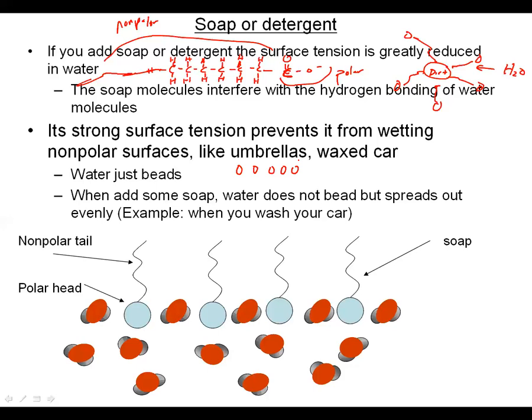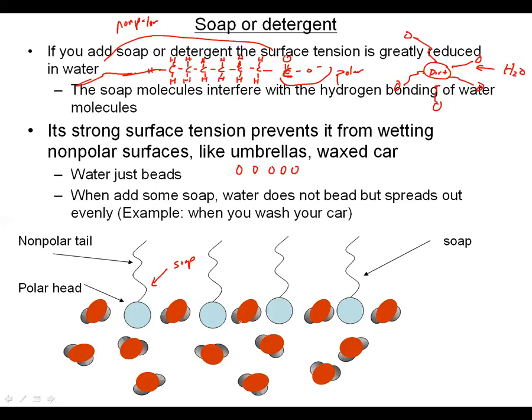As this picture shows, these are the soap molecules. The soap molecules get in the way of all those water molecules and their ability to hydrogen bond with each other. And what that does is spread out the water molecules. There used to be an old commercial on TV about dishwashing soap, with grease and everything in there.